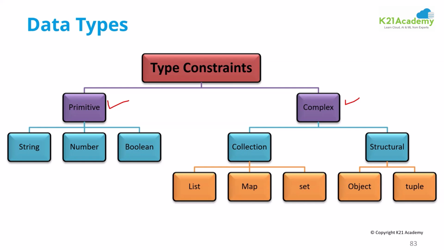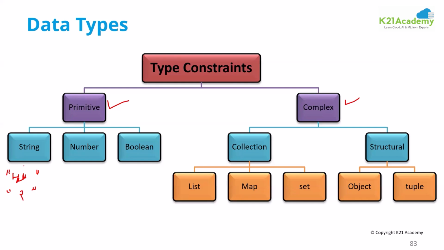Like string is having a single value. Number, single value. Boolean, single value, true or false. String means anything that goes in double quotation. Anything that goes in double quotation becomes a string, like "Hello Terraform". Even if you put a number in double quotation, that will be a string.